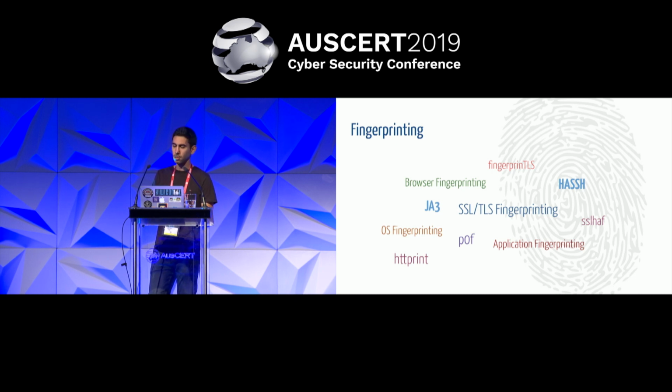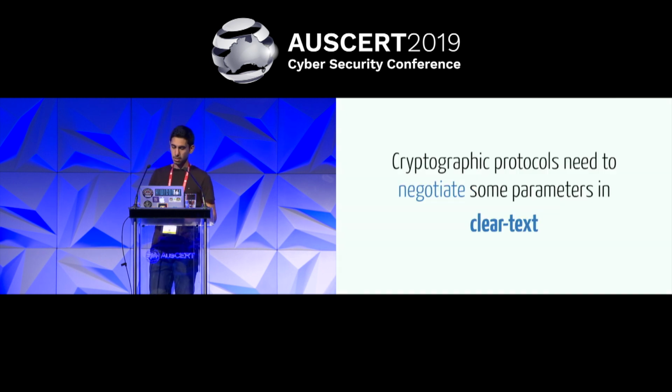But there is another type of fingerprint which is focused on identifying the clients and applications for different protocols, mainly cryptographic protocols like SSL, SSH, and RDP. For example, I guess you've heard about JA3, or Fingerprint TLS, and HASSH. These are actually based on the fact that cryptographic protocols need to negotiate some parameters in clear text.